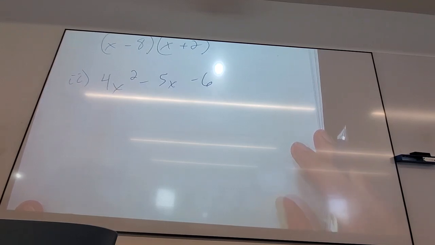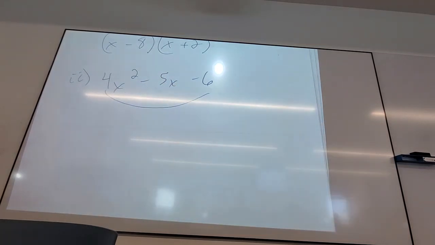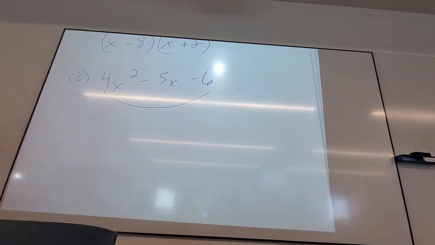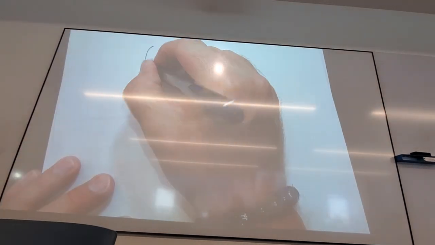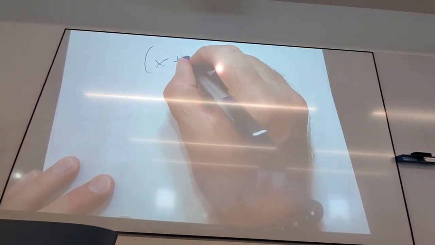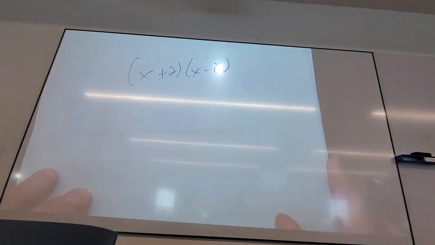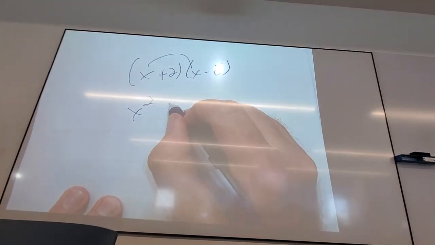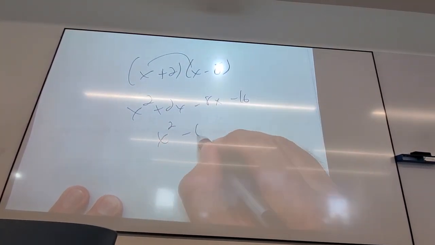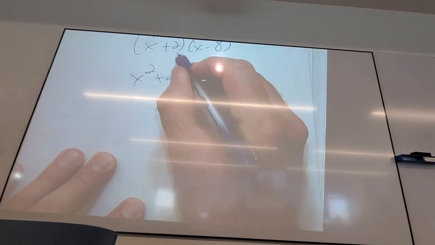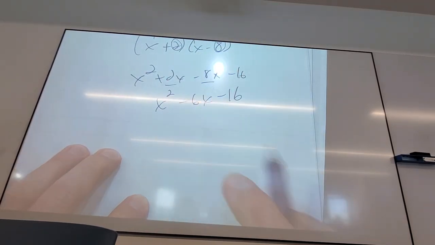Okay, who can tell me what I do first on this problem? Multiply these together. So very quickly, don't even write this down. Just watch this. I want to show you a little motivation. If I do x plus 2 times x minus 8, I get x squared plus 2x minus 8x minus 16. And the middle term is exactly these numbers put together.